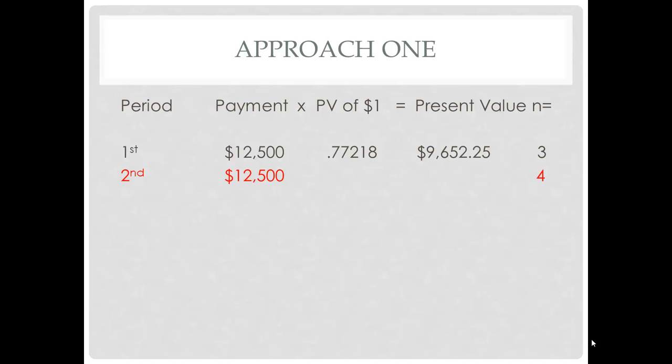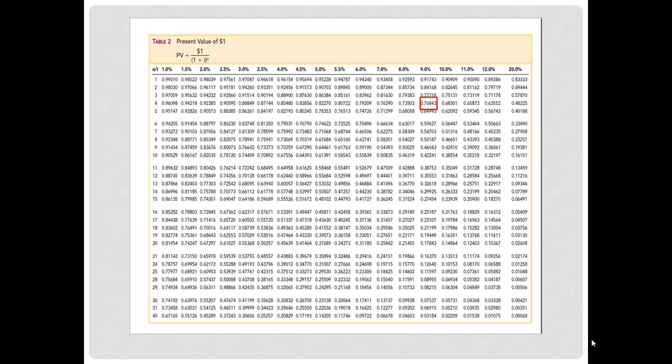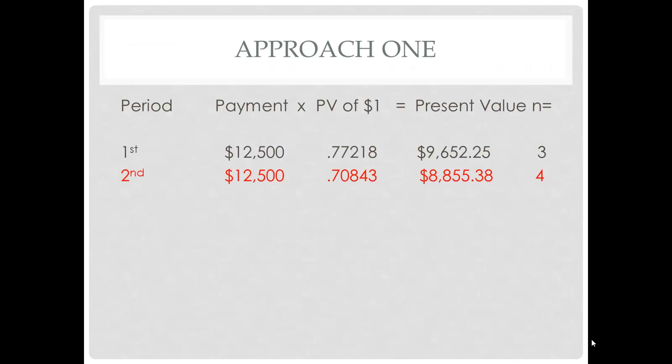We'll do the second one. The second period payment was $12,500. Now looking at the table, we are going with N equals 4, 9% gives us 0.70843, and the present value after multiplying it by 12,500 will be $8,855.38.